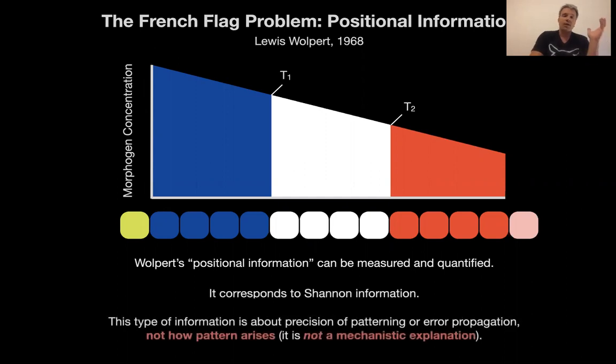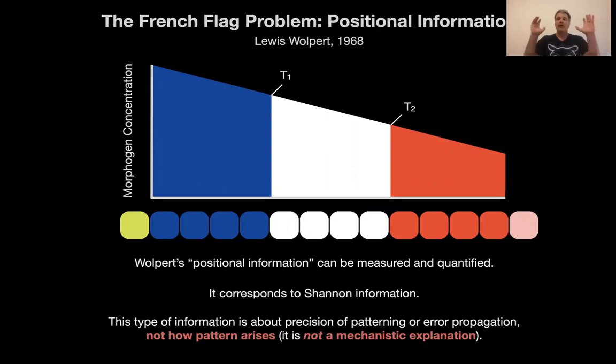So this type of information, however, is about precision of patterning. Okay, it tells you how sure the cell can be to be somewhere. It's also about the propagation of errors through these expression patterns. So it is not how the pattern arises in the first place.